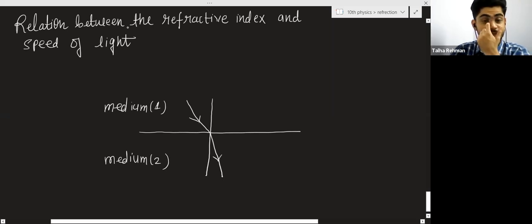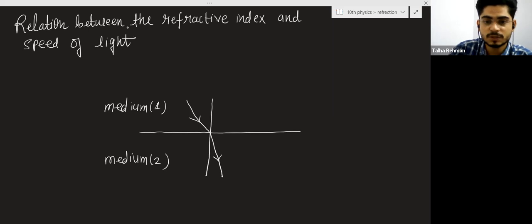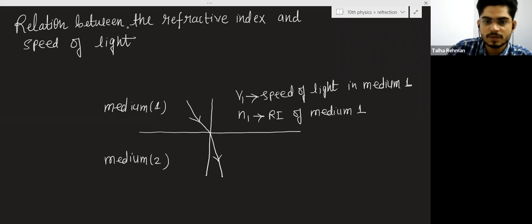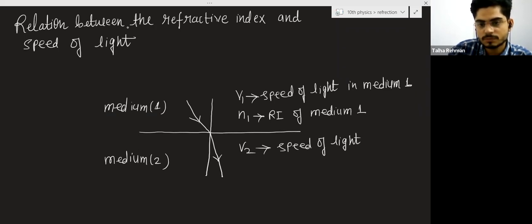Light ray is traveling from one medium to another medium. Suppose V1 is the speed of light in medium 1. And suppose N1 is the refractive index of medium 1. V2 is the speed of light in medium 2.